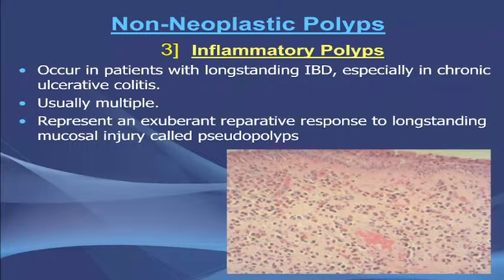So they are really referred to as pseudopolyps rather than true polyps, okay? And here you can see that there is a diffuse chronic active inflammatory process going on, okay? A lot of edema, so the mucosa sort of pops out because of the regeneration as part of healing in inflammatory bowel disease.